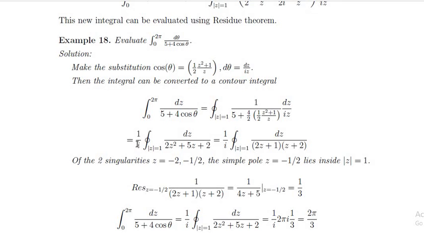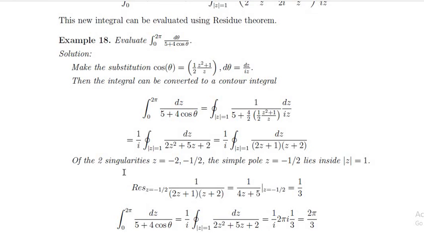So come to the next step, you can take 1 by i outside, then dz divided by, after simplification, 2z square plus 5z plus 2, that's equal to 1 by i integral over the unit circle dz by, the denominator we can make into the product of factors, that is 2z plus 1 into z plus 2.